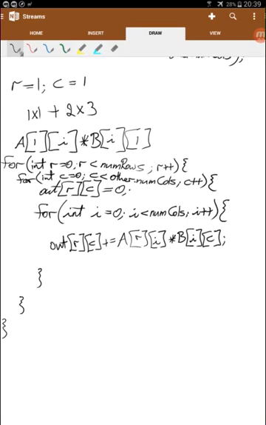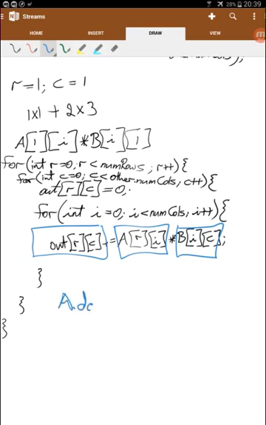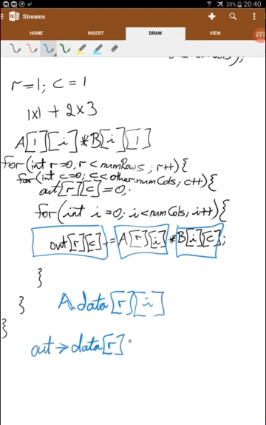Now, there's just a small syntactic issue that in this case, rather than accessing our values of the matrices directly like that using square brackets, we would need to say a.data at whatever coordinates, and the same for b. And then because out is a pointer, we need to use the arrow. So out at data would equal something else. And that would allow us to do our matrix multiplication.